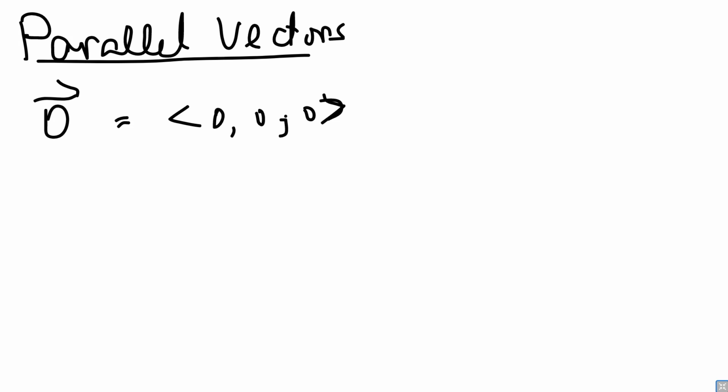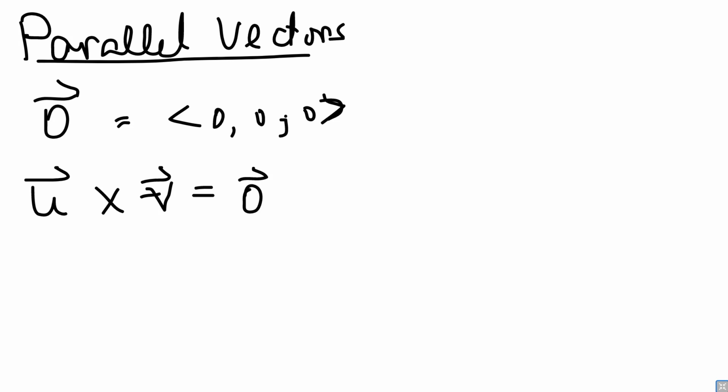If two non-zero vectors u and v are parallel, this is if and only if the cross product of the two vectors is equal to the zero vector. So if you do the cross product of two vectors and it's equal to the zero vector, then we know that the two vectors are parallel.